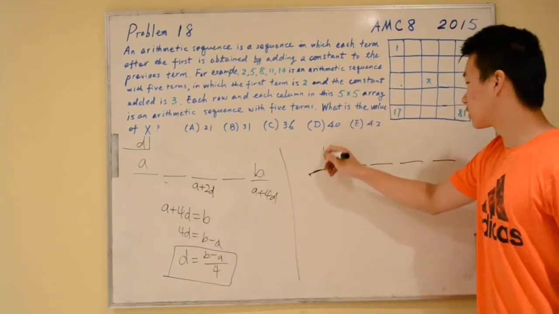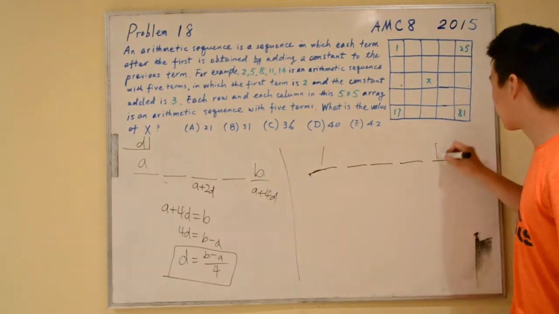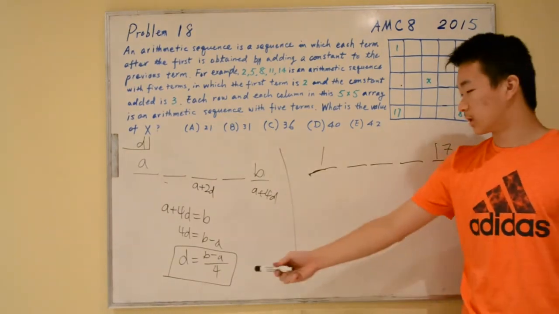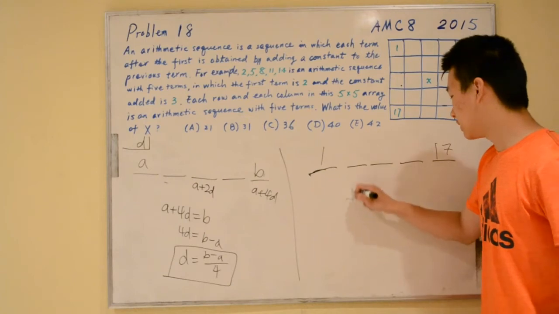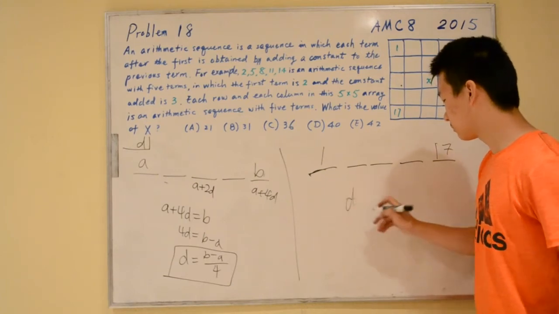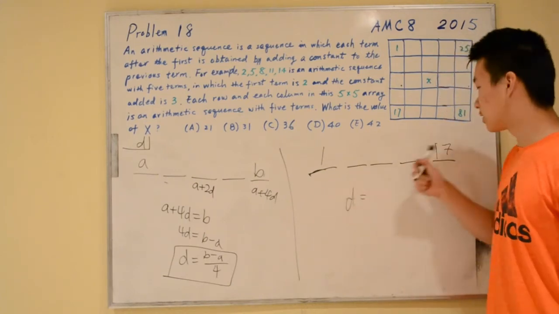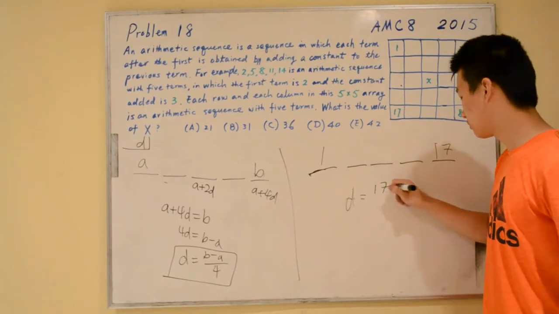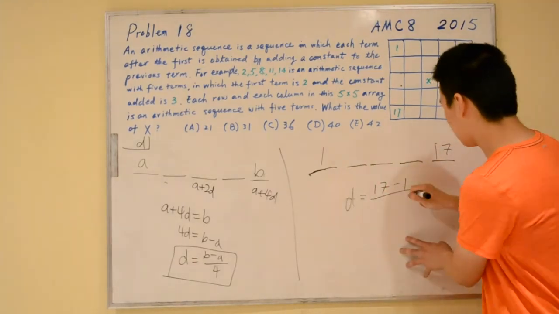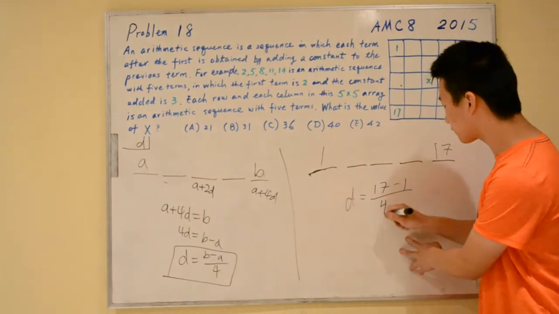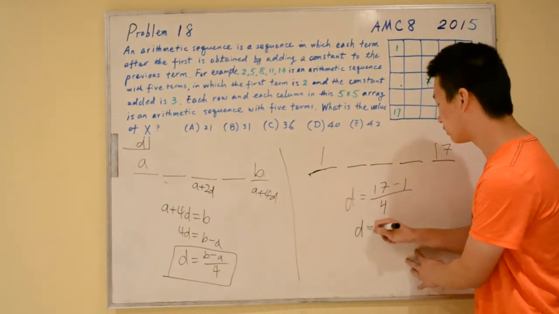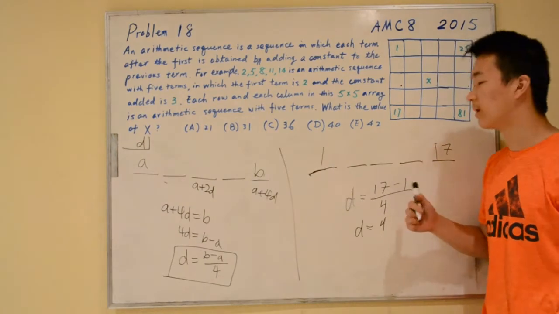Okay, so the first term is 1, the fifth term is 17. Using our formula, d equals the last term minus the first term over 4. So d equals 4 after you simplify this.